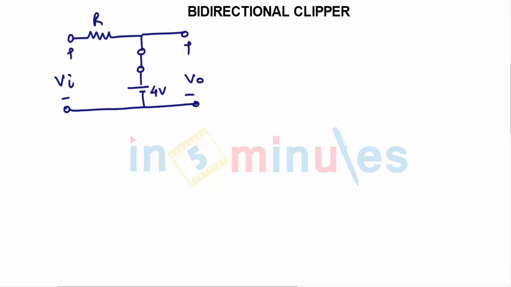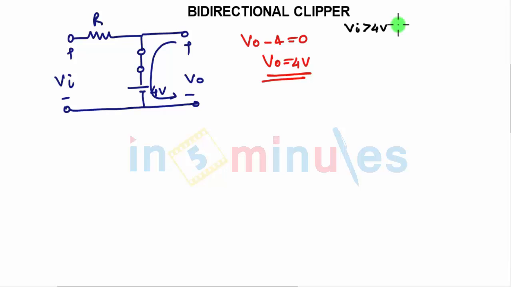Current is flowing in this loop, so we need to apply KVL over here. The equation will be VO minus 4 equals 0. So the output will be 4 volts. This is valid when your input voltage is greater than 4 volts. Obviously it is less than 5 volts; the maximum is 5 volts.